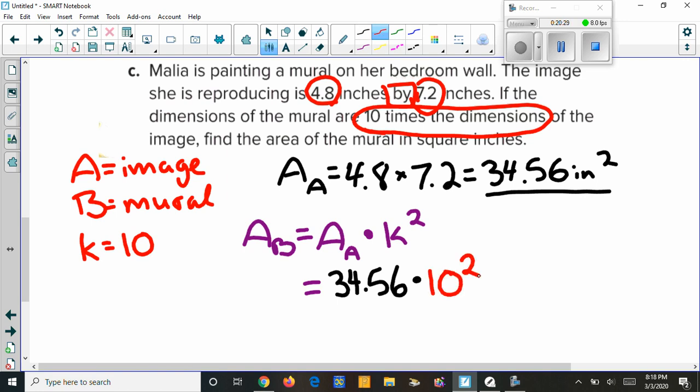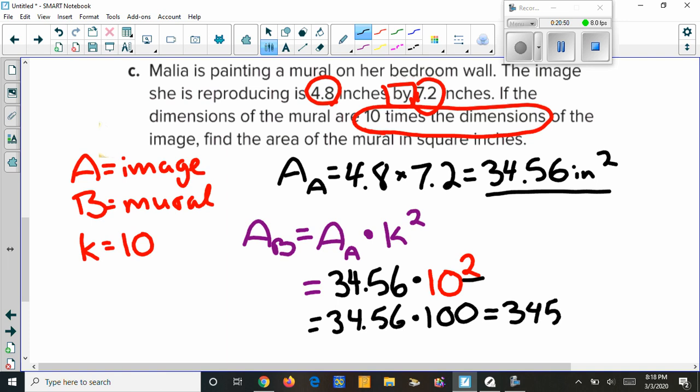And now we can follow the order of operations to wrap this up. Exponents first. So 34.56 times 10 squared is 100. So this is equal to 3,456 square inches.